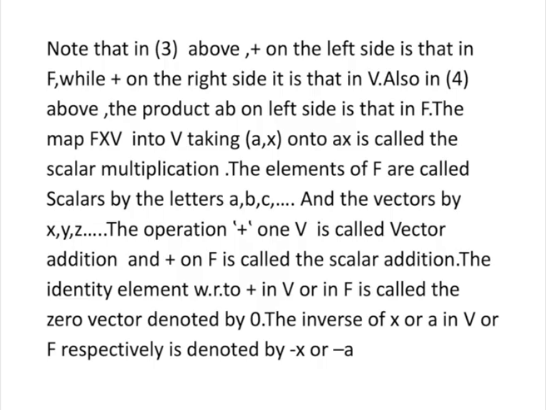The operation addition on V is called vector addition and plus on F is called scalar addition. The identity element with respect to addition in V or in F is called the zero vector, denoted by 0. The inverse of x and a in V or F respectively is denoted by minus x or minus a.